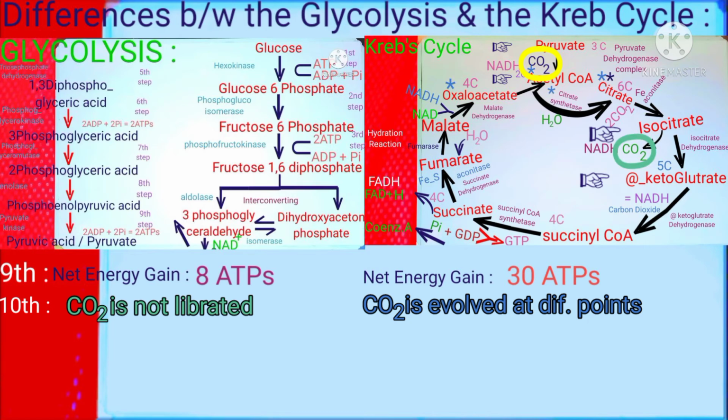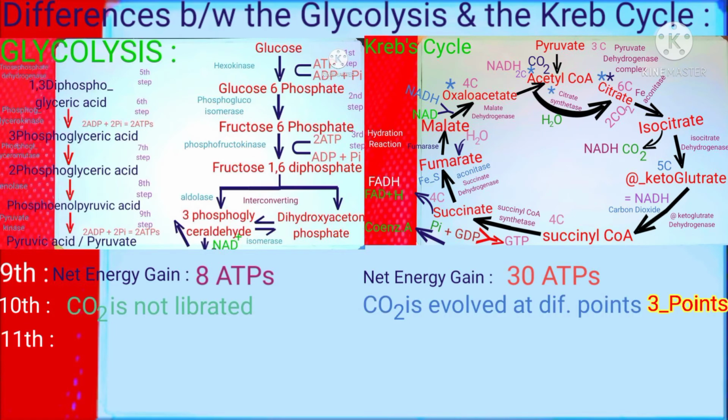Here carbon dioxide is evolved, and in between alpha ketoglutarate to the conversion of succinyl coenzyme A, here carbon dioxide is also released. So during glycolysis carbon dioxide is not evolved, whereas during Krebs cycle carbon dioxide is released at about 3 points.